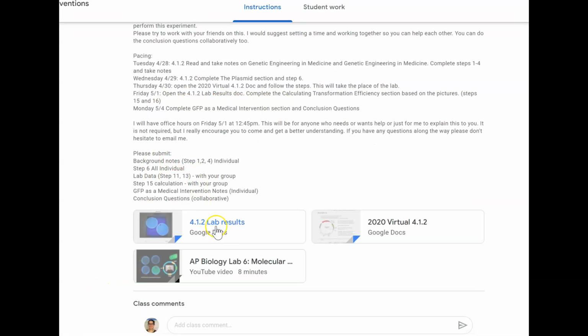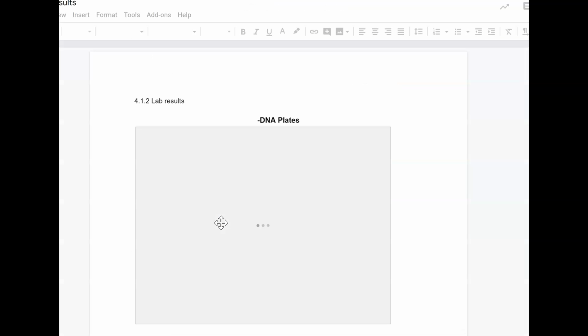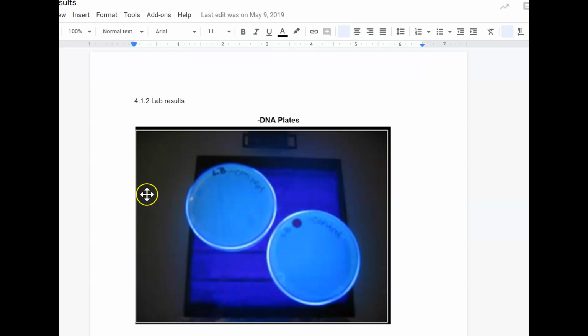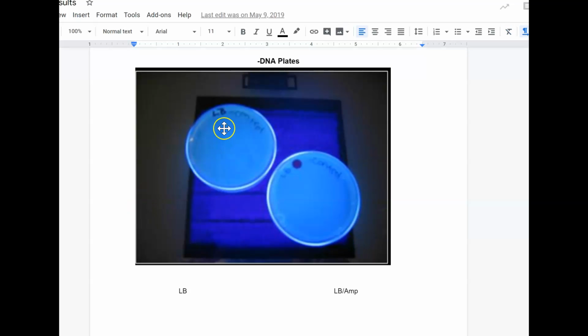Here I am in the Google Classroom. Here are the lab results. So this is a picture from my plates from when I did this lab, and you'll see that this is the LB only plate, and there should be a lawn of growth on this. This is the LB amp plate, and so you should see that there's no growth on this plate.